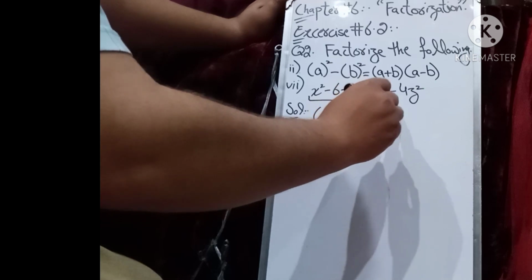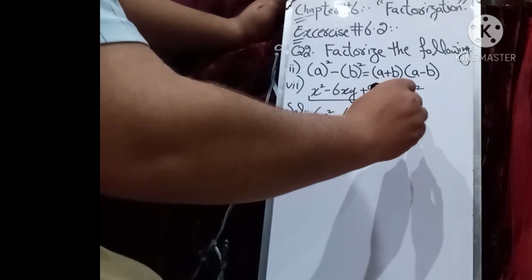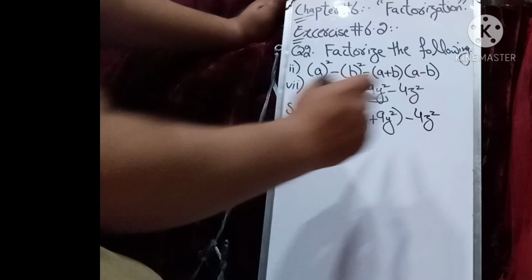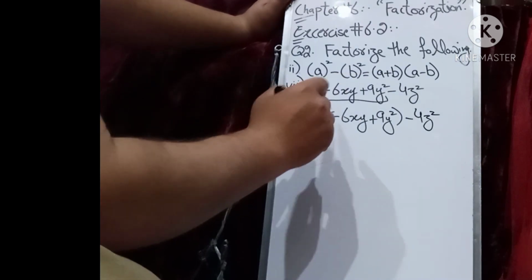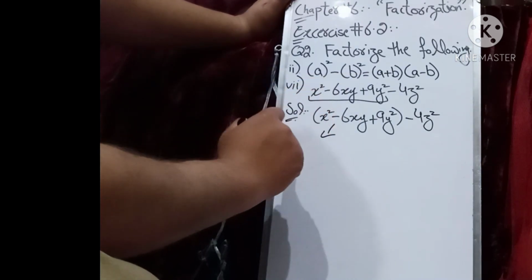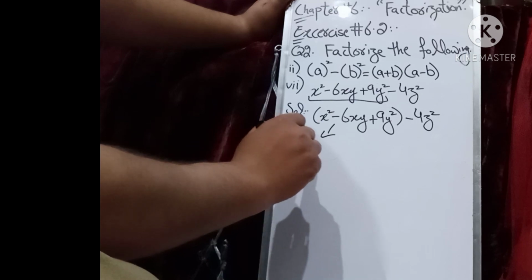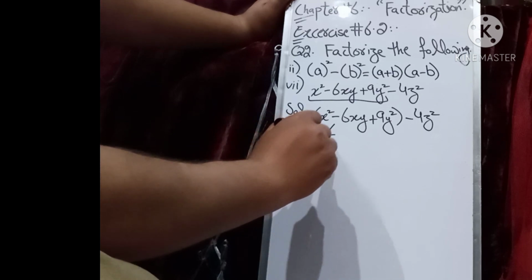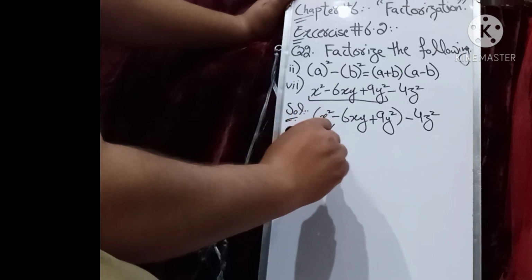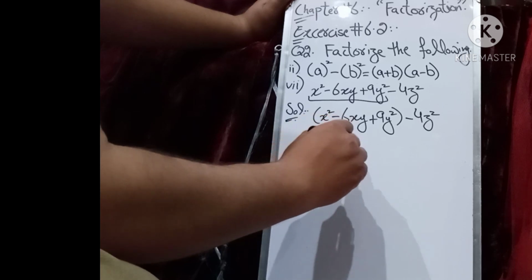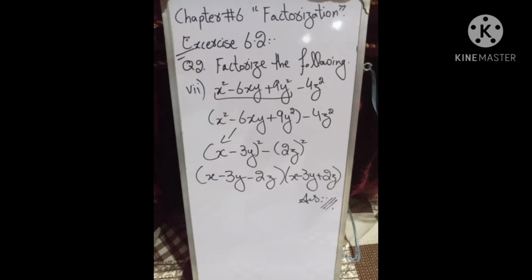Again in the next part we have x square minus 6xy plus 9y square minus 4z square. So first three terms make it a perfect square, and we know that x square minus 6xy plus 9y square is actually equal to x minus 3y whole square.